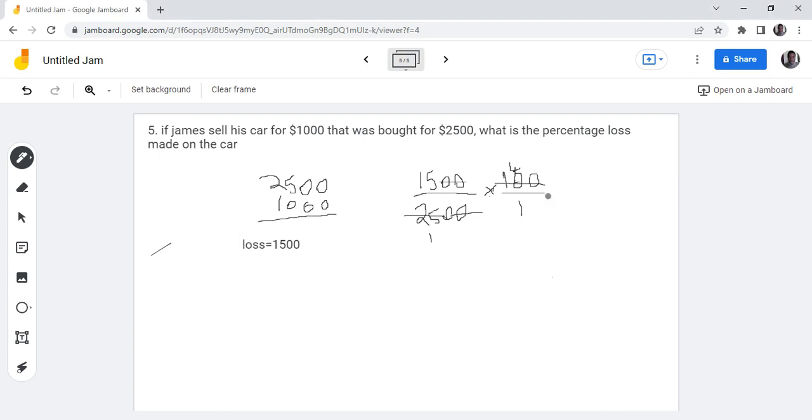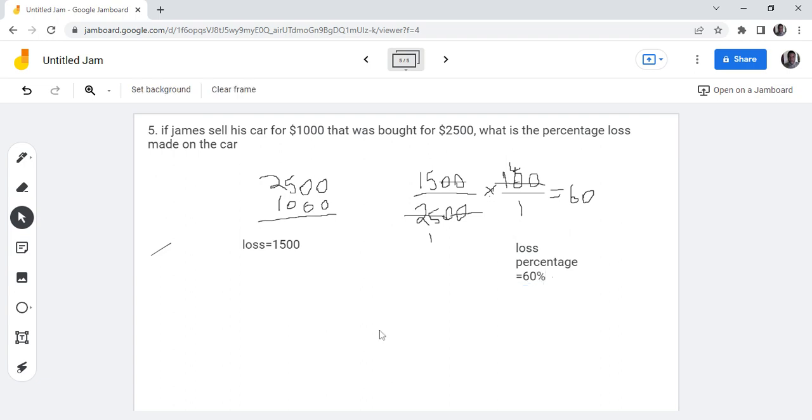Okay, so 15 times 4 equals 60, and therefore the loss percentage would be 60%. Let me just write this on the screen. So the loss percentage equals 60%. And there you go, guys.